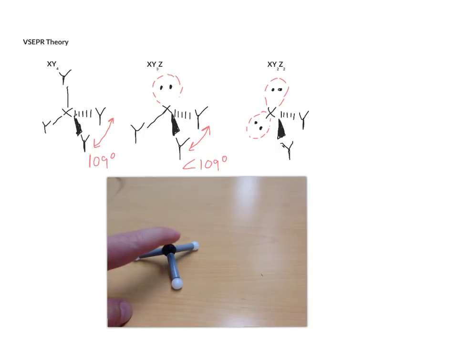The lone pair, in the second structure, the XY3Z type, still exerts its repulsive forces, keeping these bonds pointing downward.